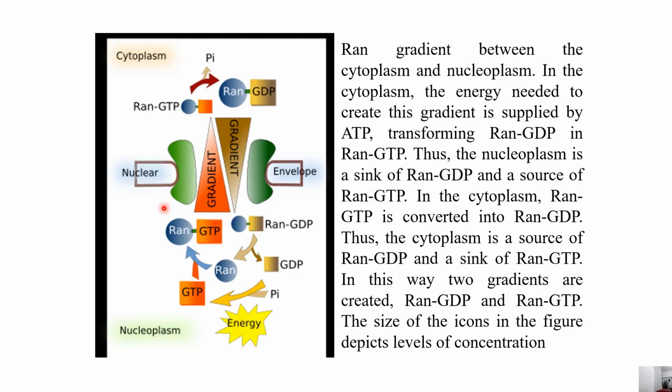The energy needed to create this gradient is supplied by ATP hydrolysis, converting Ran GTP to Ran GDP in the cytoplasm. Thus, the nucleoplasm is a source of Ran GTP, and the cytoplasm is a sink of Ran GTP. In this way two gradients are created, Ran GTP and Ran GDP. The icons in the figure depict levels of concentration.